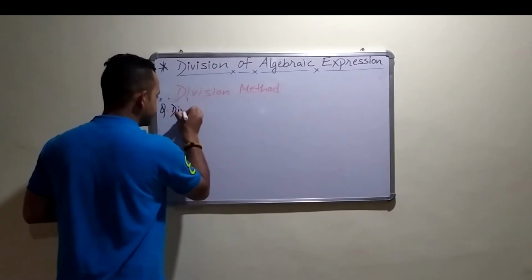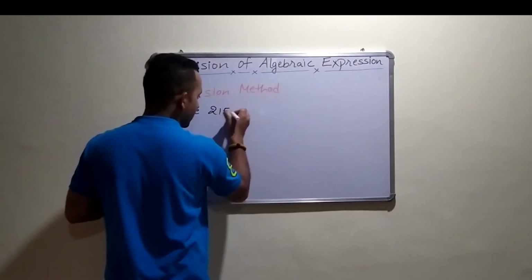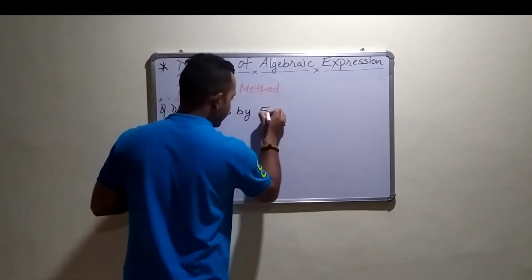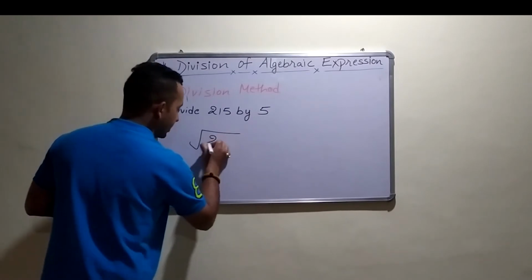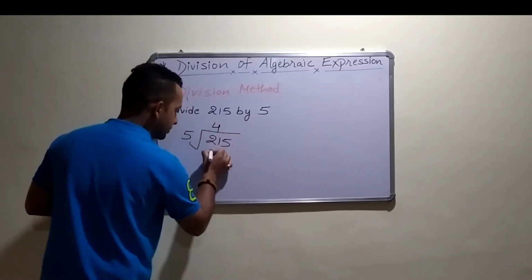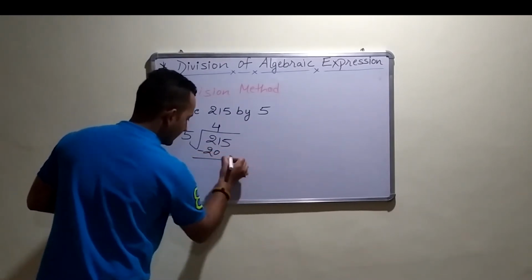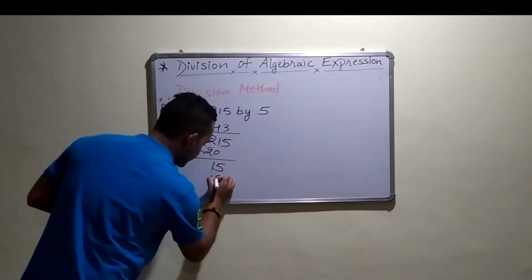Divide 215 by 5. Now you are going to divide 215 with the number 5. So 5 4s are 20, 1 left 5. 5 3s are 15.